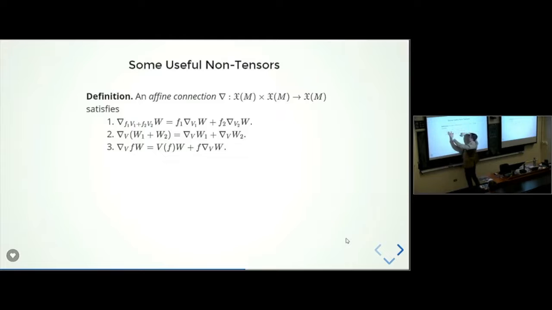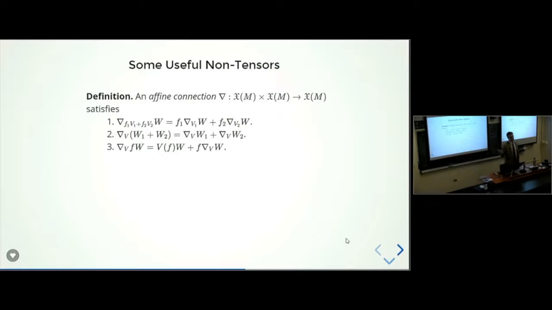If I do a linear combination in this slot, it's linear in the way that you would like it to be. It's additive in the second slot, but it's a sort of differential operator, so it's not linear in the second slot, it's got a Leibniz rule. So it's linear in the first slot, and additive with a Leibniz rule in the second slot.